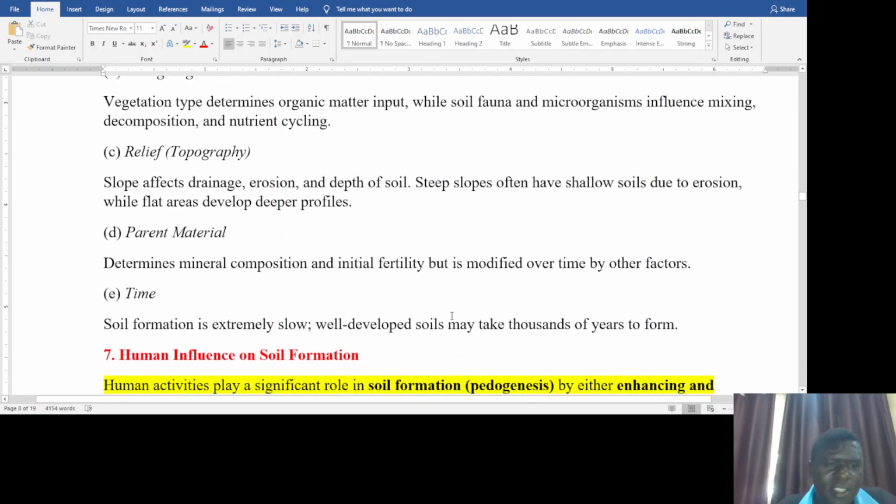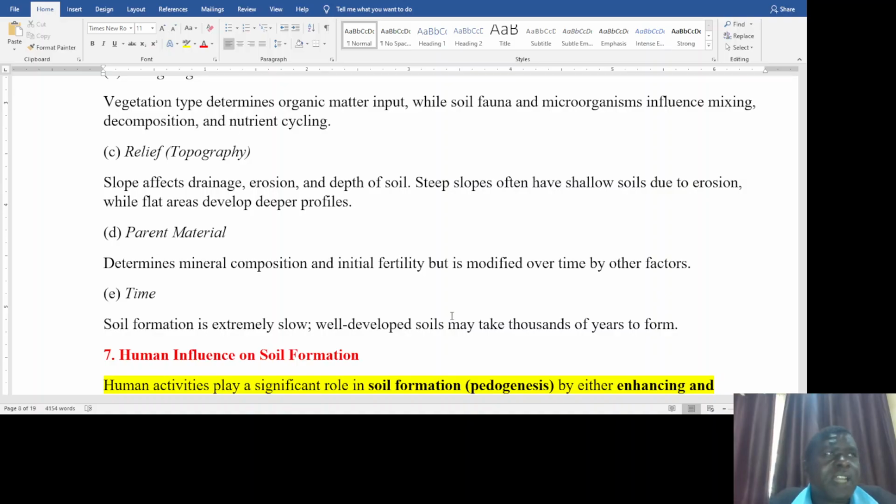And lastly, it goes without saying that soil formation is extremely slow, and for soil to be well developed, it requires time. And so well-developed soils have taken really a long time to develop, and it may take 1,000 years to form.